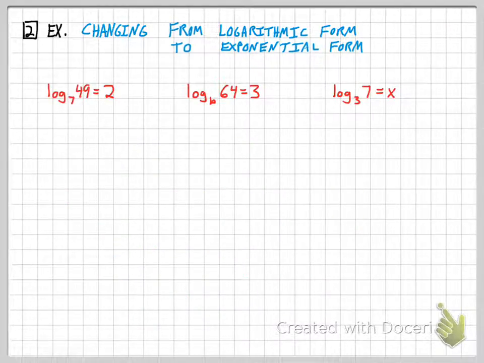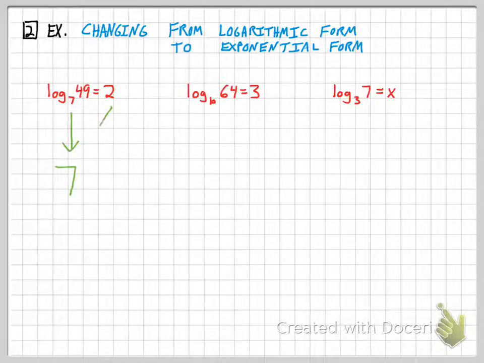Box 2, we're going to look at how to change a logarithmic expression into exponential form. A helpful trick that I like to use is called the Roman numeral 9 trick. For each expression, we take our base, so log base 7 of 49 equals 2, and bring it straight down as the base of an exponent.